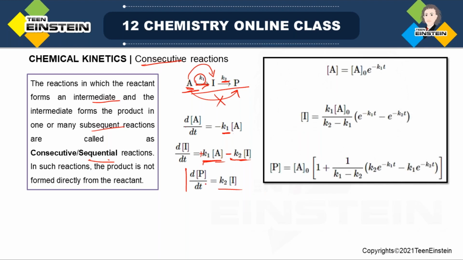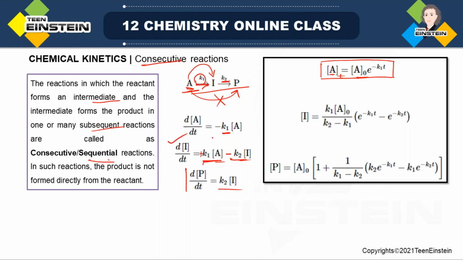Now detailed integration we are not going into, because that is not required. We will see what is the final expression. See, you can find some similarity with first order reaction. So concentration of A at any time T will be equal to the initial concentration of A, that is A naught, multiplied by e to the power minus K1T.